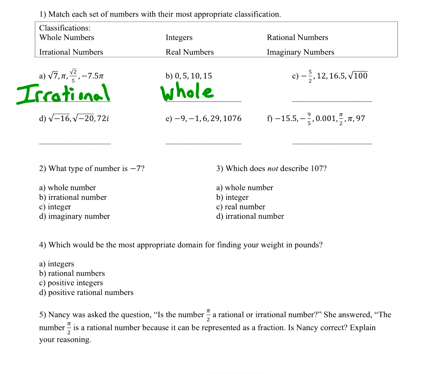Looking at C, we have negative 5 over 2, which is negative 2.5, 12, 16.5, and radical 10. Radical 100 is 10. So this would be the rational numbers, because it includes fractions, where the numerator and denominator are integers. D, I see 72i and the other two are imaginary.